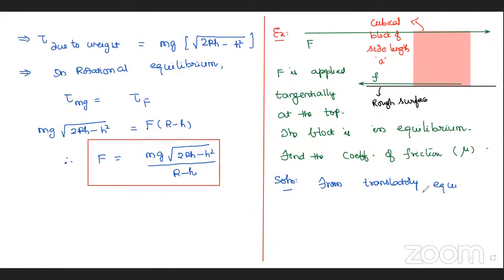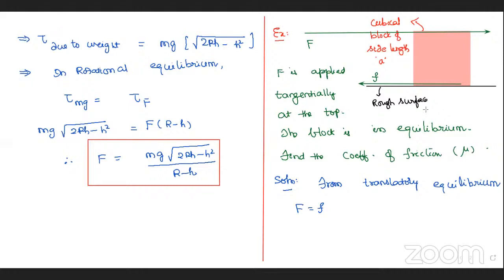Okay, right. That capital F, you are saying mg by 2. Not small f. In translatory equilibrium, I write F equals f. Friction is zero, what you are saying, is correct.